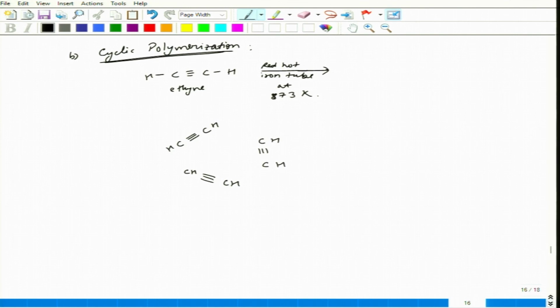So, what happens now? What this will form is a C double bond CH, a single bond, CH double bond CH, a single bond, CH double bond CH, and a single bond here.